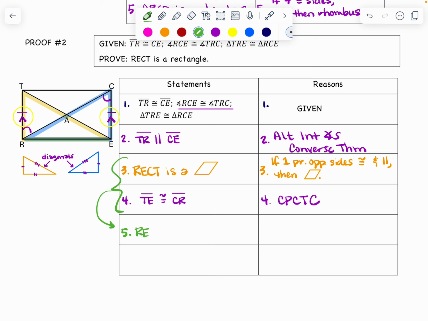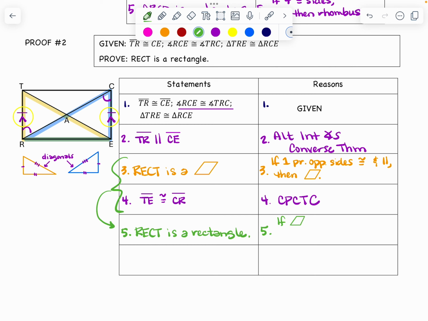So now I can just hop right to my proof statement. Oh, I could put these two guys together. So of course he's a rectangle because he's a parallelogram with congruent diagonals. Is a rectangle. And I know we didn't really write this down, but I'm going to write it.